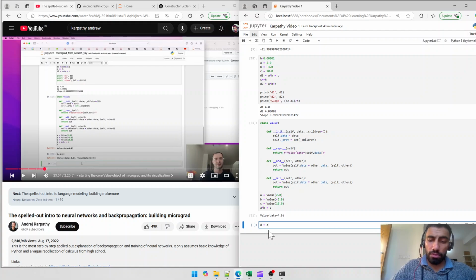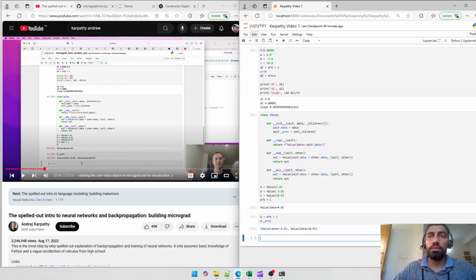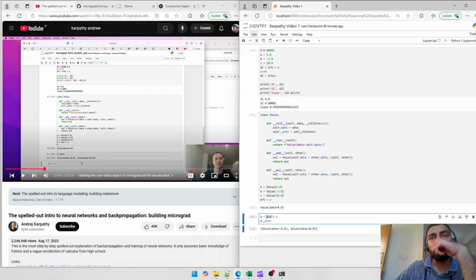So if we do d dot underscore prev, sorry, it was a multiplication of these two, that was -6, and the data is 10, then is c as this one.